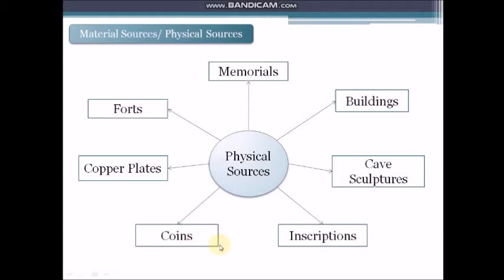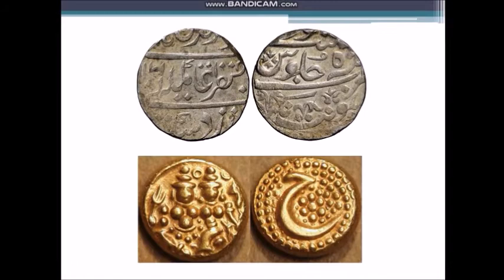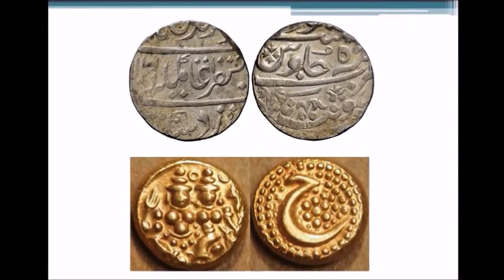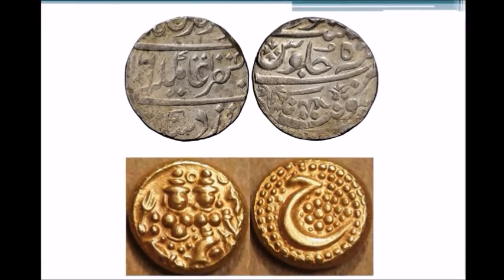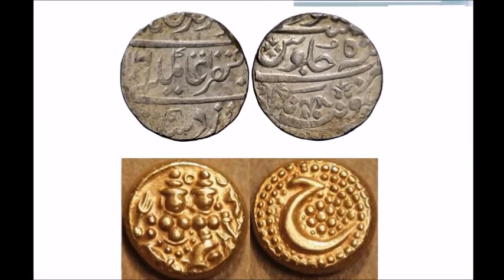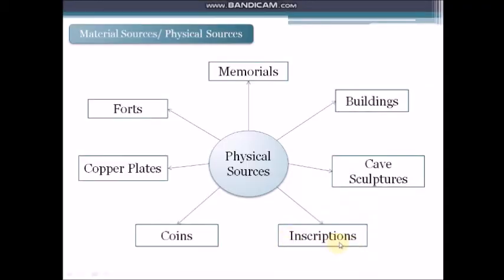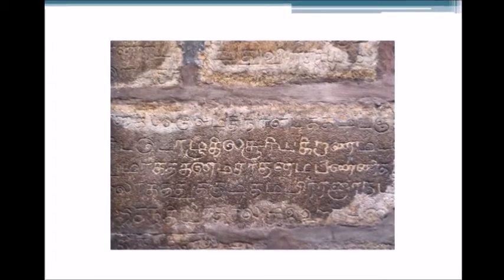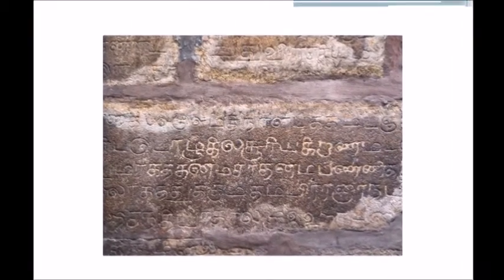Coins are another important source of history. We learn about the rulers, their period, their administration, religious ideas from coins. Inscription is a carving on a stone or wall. It is considered as a very important, reliable source of history.